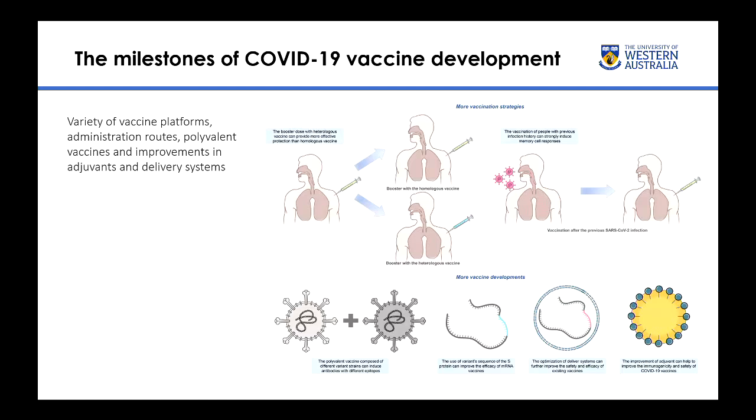More vaccine development, so looking at polyvalent vaccines, which is what is recommended at the moment, and then again various different optimization of current vaccines to make them longer lasting or more effective, or to induce more immune response in terms of priming those early responses. So all of that, when we look at it in perspective, just from the vaccine development point of view, is quite interesting.